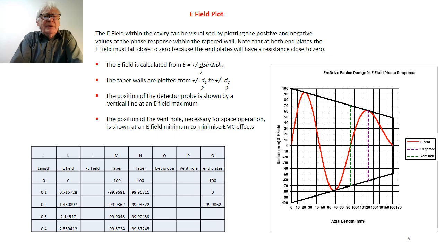So what we do is we put the vent hole as close to an E field minimum as possible, simply to minimize the EMC effects. We're trying to minimize the leakage at the operating frequency of the cavity itself.